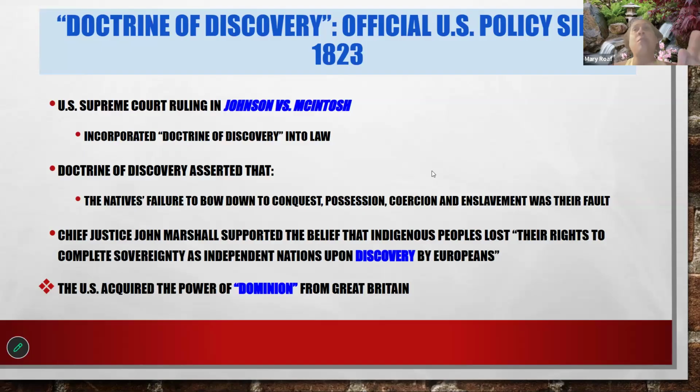So it's important to note people native to Turtle Island, because in the Americas, there's more than just one America. It's important to note that the Doctrine of Discovery was not codified into law in Canada, in the Western Hemisphere, or south of the US border or in the Caribbean. So that's why it matters.